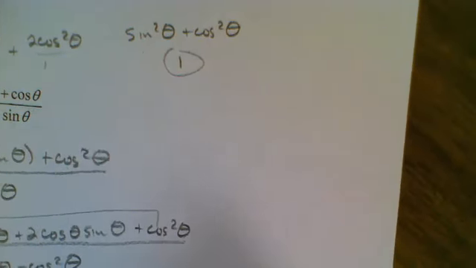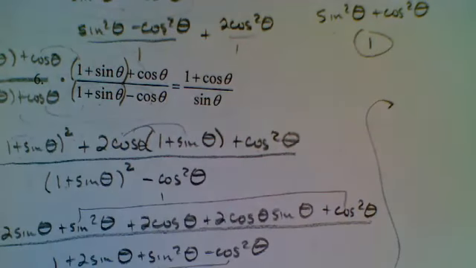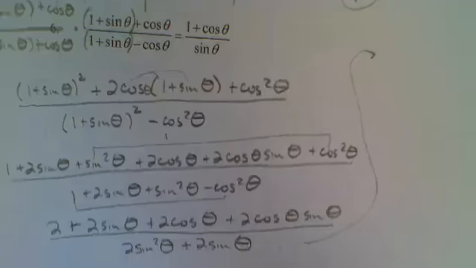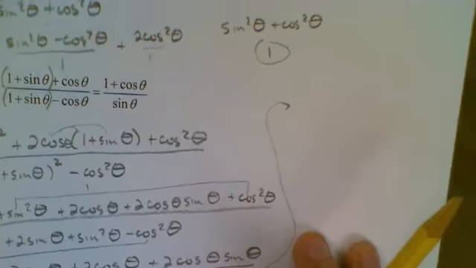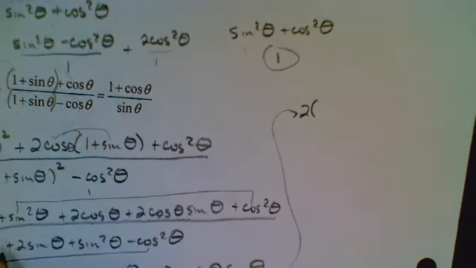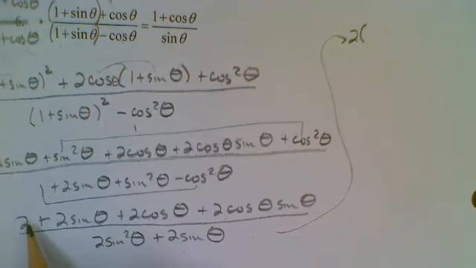So I'm going to rewrite that over here. You probably won't be able to see it, but I'll rewrite what I've got. I'm just taking this and factoring out a 2 in the numerator and factoring out a 2 in the denominator. So when I do that, I'm going to get 2 times, don't forget that with this one, that's got to be a 1. So I have to take something out.